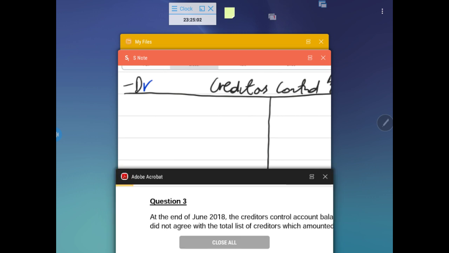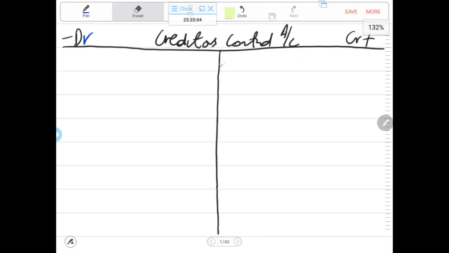So now let us start with the creditors control balance. We have a balance that is given to us. The balance is on the 1st of June 2018, and this balance is R45,400.